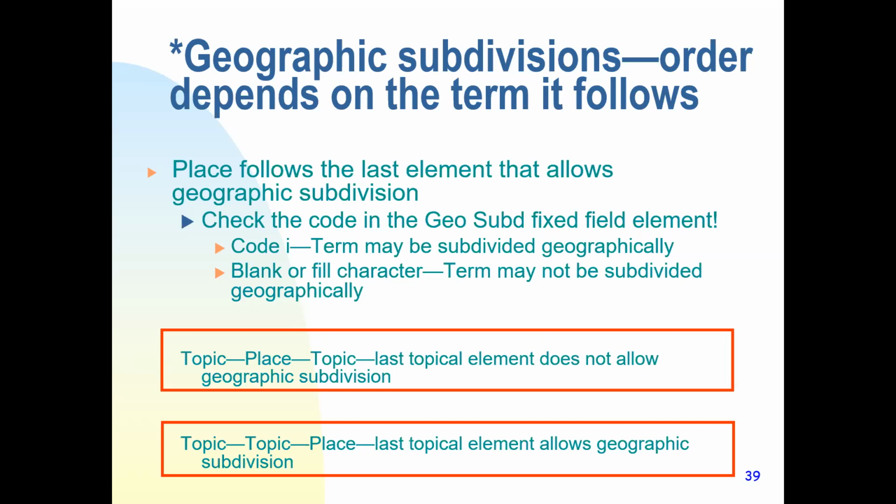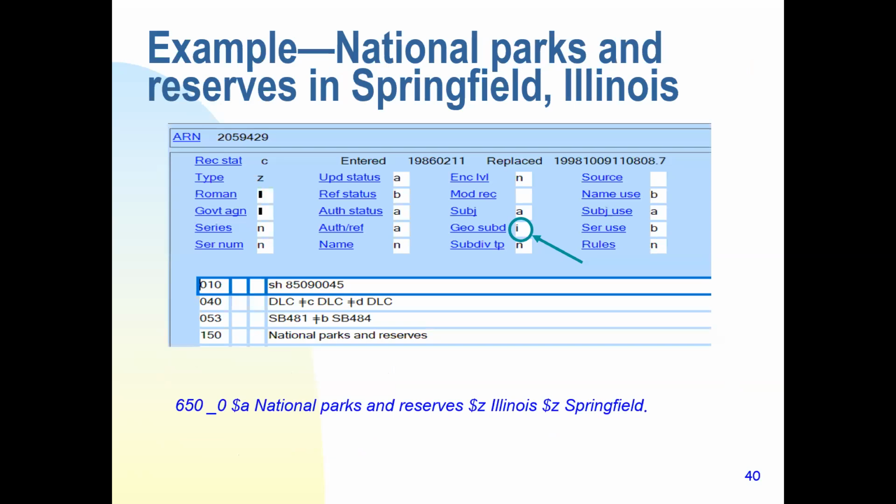So it might be topic, place, topic, if the last element does not allow you to subdivide geographically, or it might be topic, topic, place, if the last topical element does allow you to subdivide geographically. Here's an example.